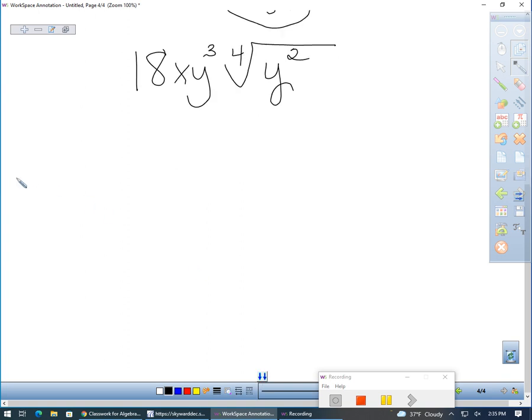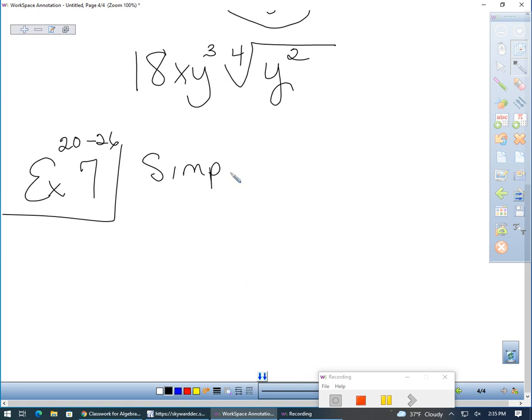Example number 7. I'll make this the last one if we're all listening. So 20 through 26. This is just asking you to simplify. So you don't have to multiply. You're just simplifying. But then you get to get a little bit bigger, a little fun.